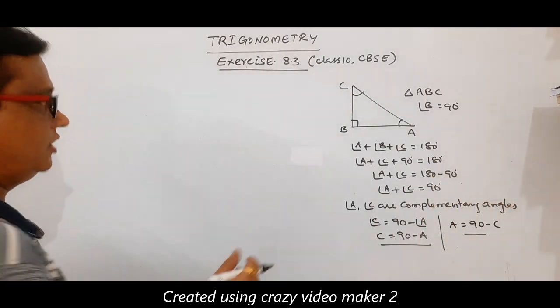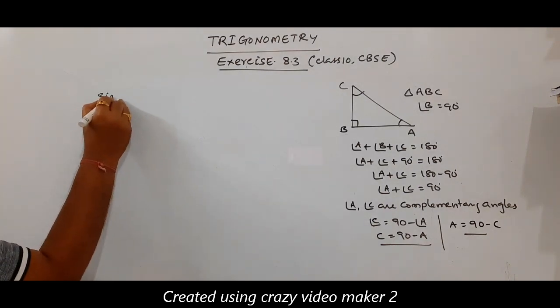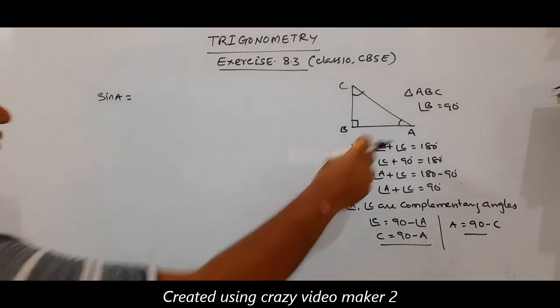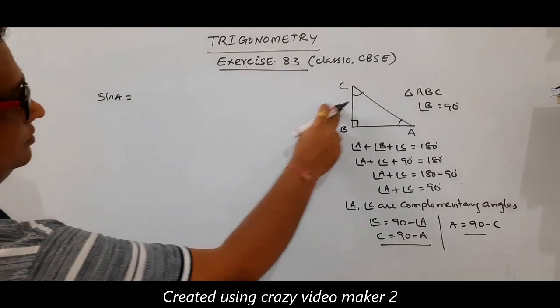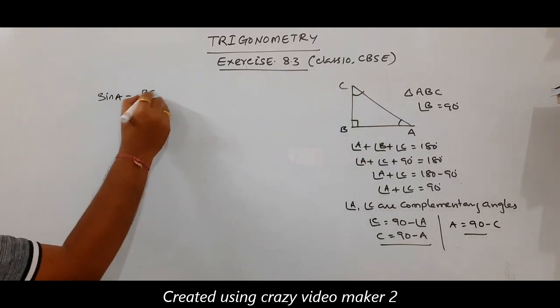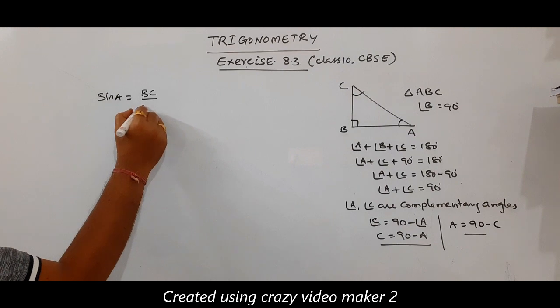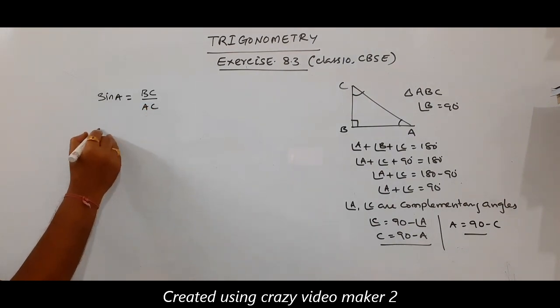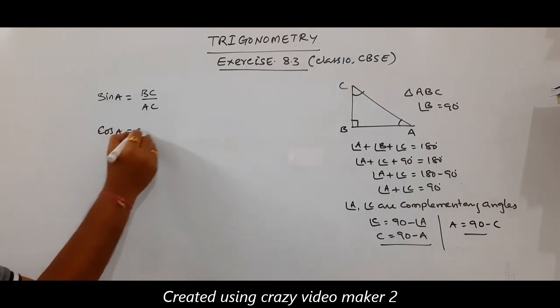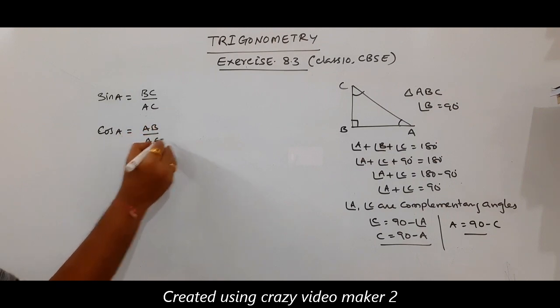Now, if I want sine A, sine means opposite by hypotenuse, so BC by AC. Cos A, AB by AC.